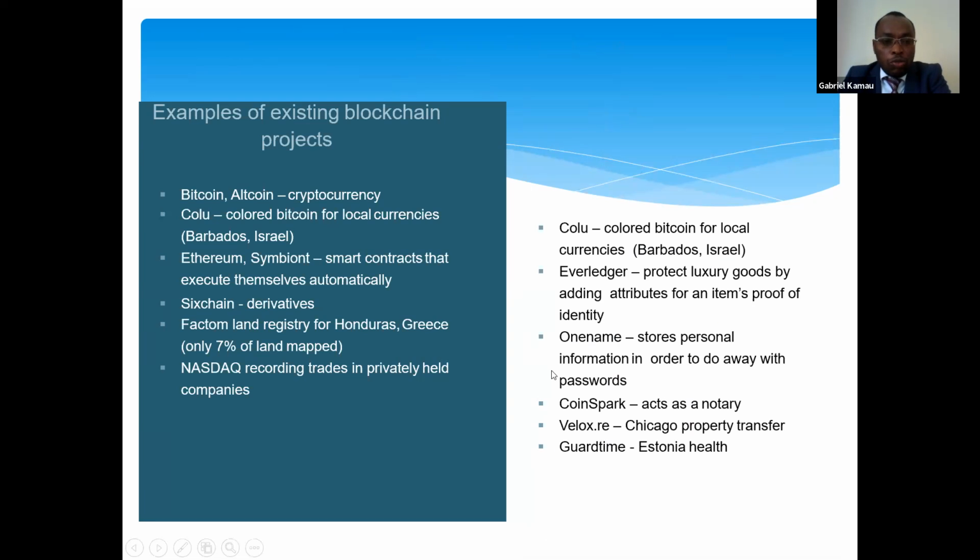But I just want to focus on just a few areas. Like I'll give you an example of the Factom land registry in Honduras. Remember, even now when you think of our land systems, there are a lot of issues. Blockchain has been implemented in Honduras to manage the issue of titling, etc.